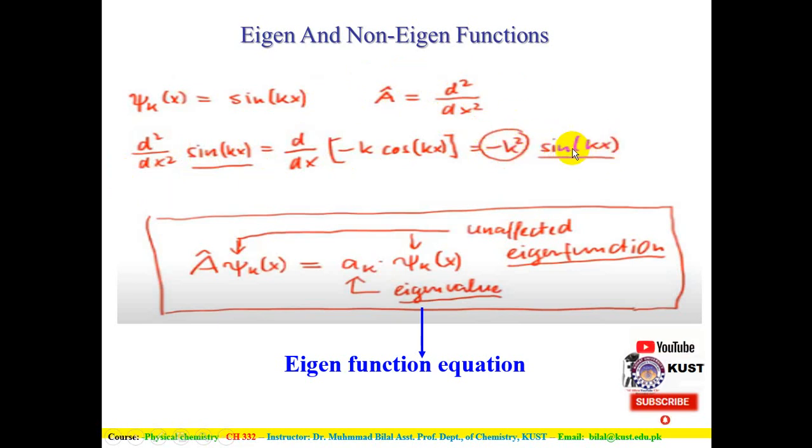So we can say that sin kx is an eigen function for the operator del square over del x square. If we write the whole equation, the operator operates on a function and gives an eigen value and the same function; this whole equation we call the eigen function equation. In the eigen function equation, the wave function is not affected, it is repeated again.